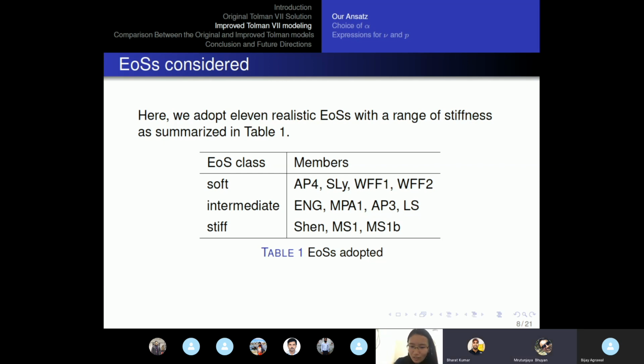Okay, so in your case, you have improved the original Tolman solution, right? So what is the maximum mass corresponding to SLy4 for the improved Tolman modeling? And also the radius.